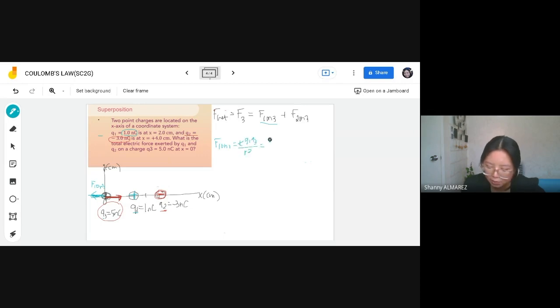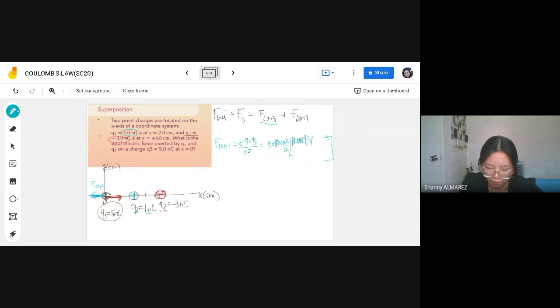K is 9 times 10 raised to positive 9 Newton meter squared per Coulomb squared times the quantity. Okay, ang quantity natin ay, again, this is in nano, hindi pala natin nasulat yung mga given. So 1.0 times 10 raised to negative 9 Coulomb. And the charge of Q3 is positive also.